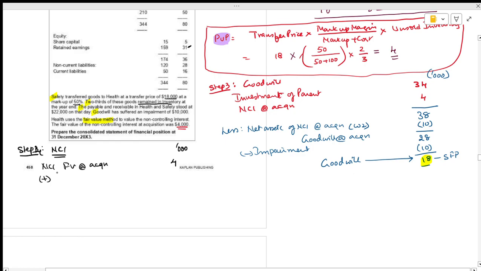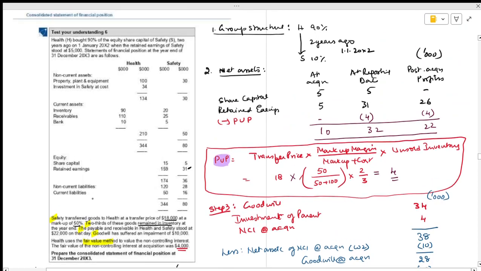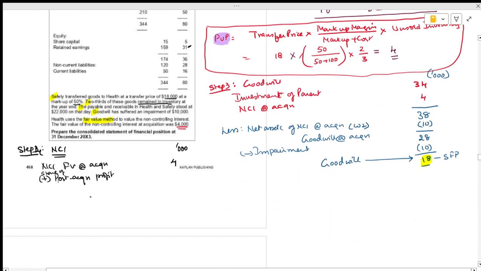Yes, we have to add it. Share of post acquisition profits. How much are the post acquisition profits? 22. What is the percentage? 10%. Is it 2.2? Is it right?